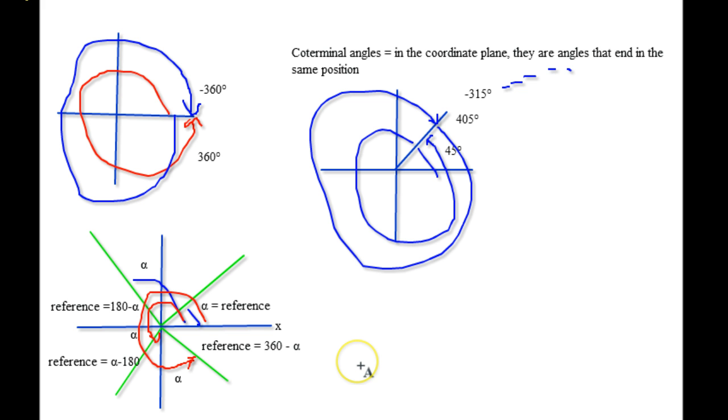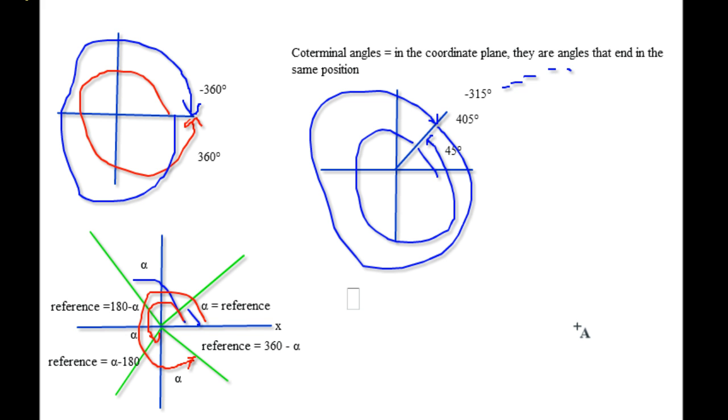Now this does show up later, in which you can find relationships between, and I'm going to break the spoilers here, sine, cosine, and tangent. And that's pretty much it. You could test an angle and find its coterminal angle. The reason is when you do the actual trig, you do need to be able to do the reference angle.